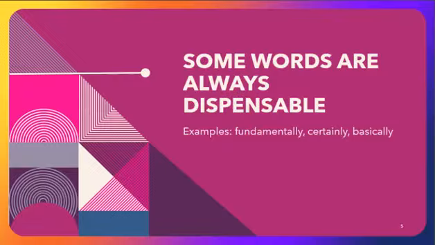Other examples of words that are always dispensable include certainly and basically. So if you can eliminate a word or two here and there, that is ideal. Because a journal may only allow a 3,000 word manuscript, or your abstract may only be allowed 250 words. So how do you make those edits to get your point across?